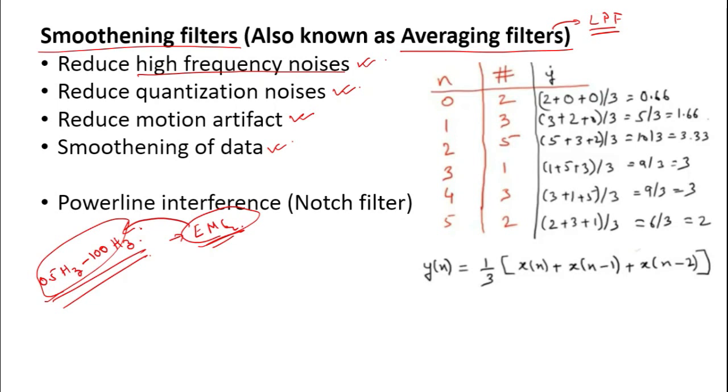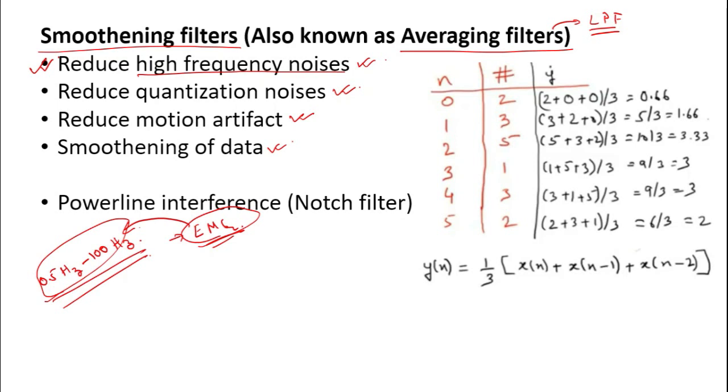This is the problem. In those cases, the use of an averaging filter can help us reduce the EMG and these high frequency signals.